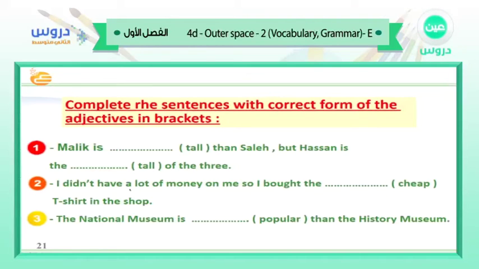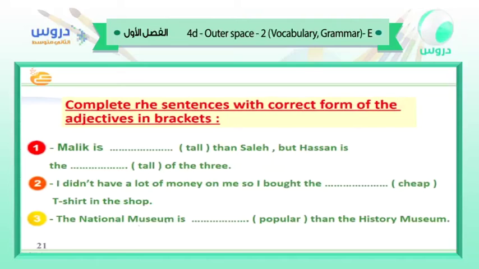I didn't have a lot of money on me, so I bought the blank t-shirt in the shop. Number 3. The National Museum is blank popular than the History Museum. What do you think? Popular.